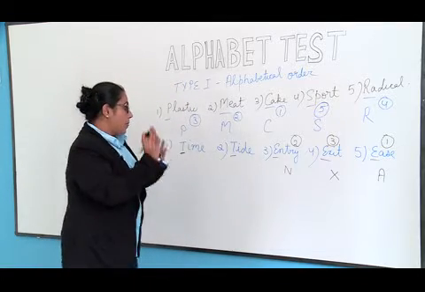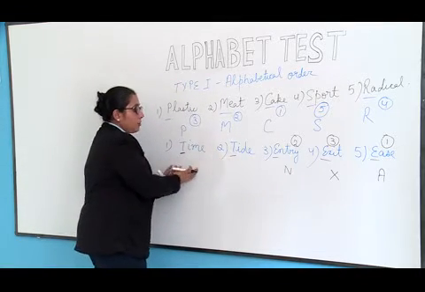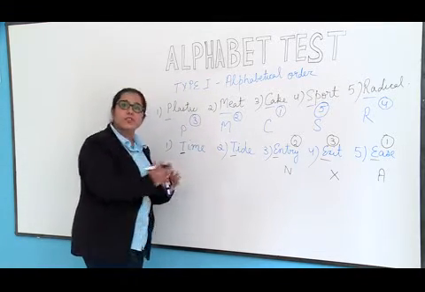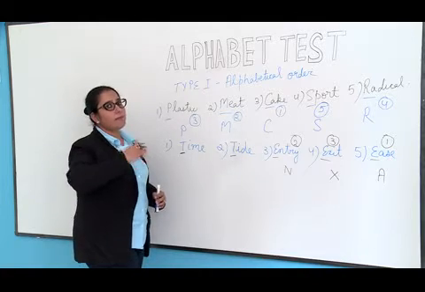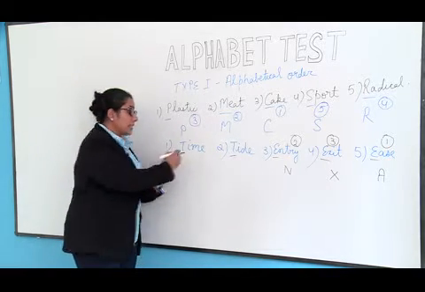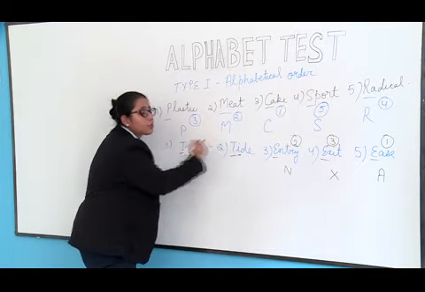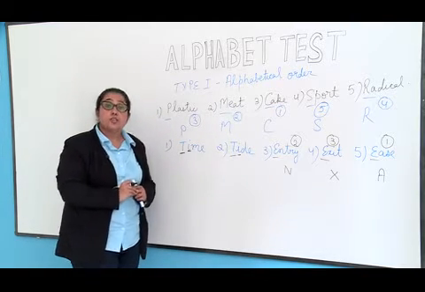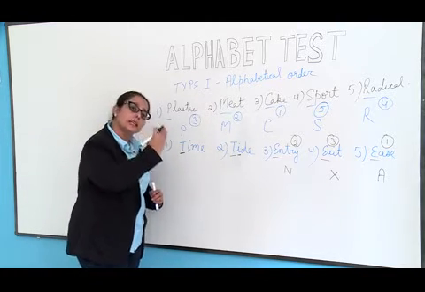So now we come to these two words. Now these two words begin with the same letter, which is T. So again we have to see from the second letter. So in this case, as you can see, the second letter is also the same, which is I. So now we are going to see from the third letter.